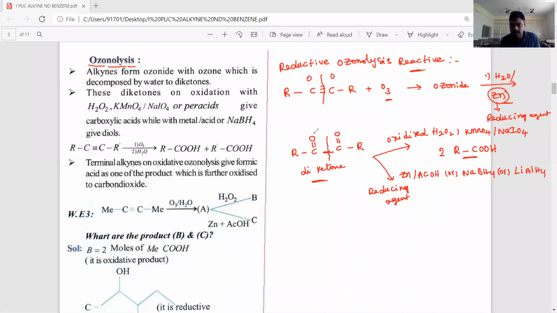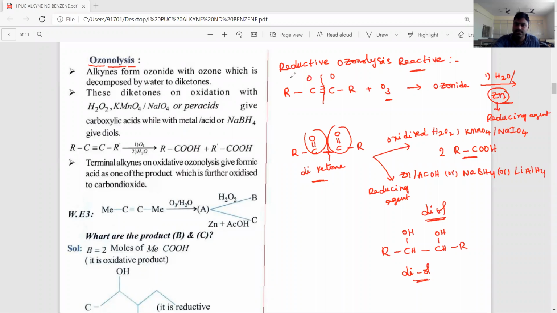Then these ketones are converted into a diol. Diol means R-CHOH-CHOH-R, where 2 OH groups are present. So this type of reaction is called oxidation of alkynes.